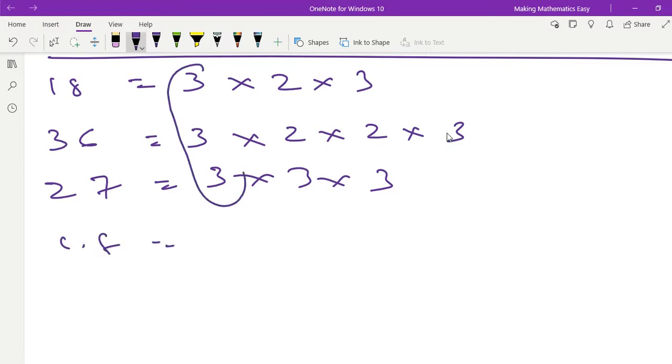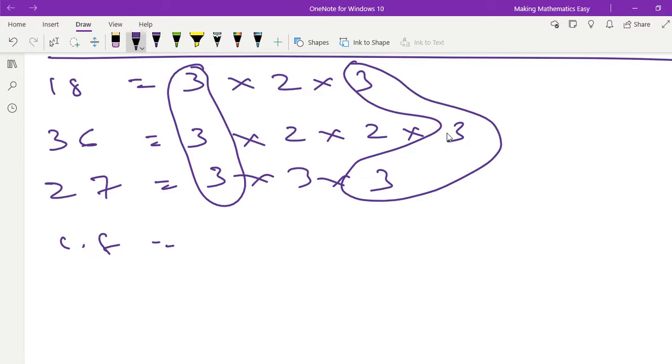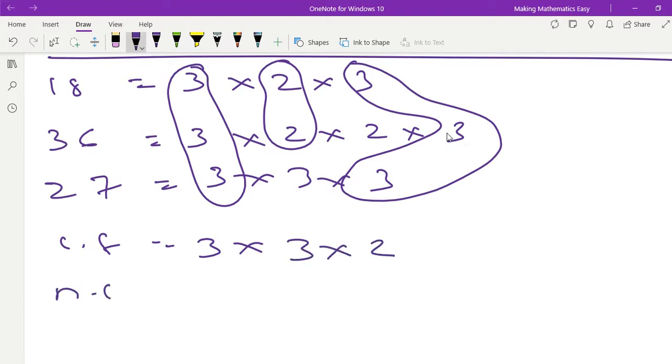Now let us find out the common factor. So this 3 is one common factor. Now this 3 is also a common factor. This 2 is also a common factor. So we have common factor 3 into 3 into 2, and the non-common factors as these two numbers, 2 and 3.